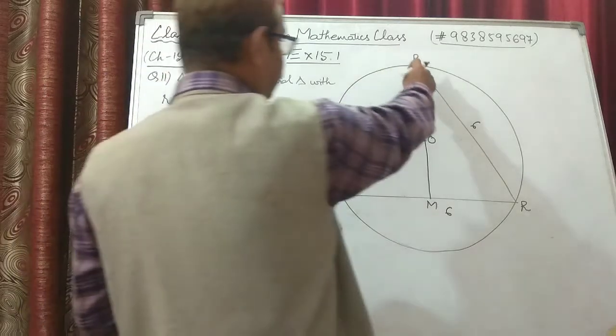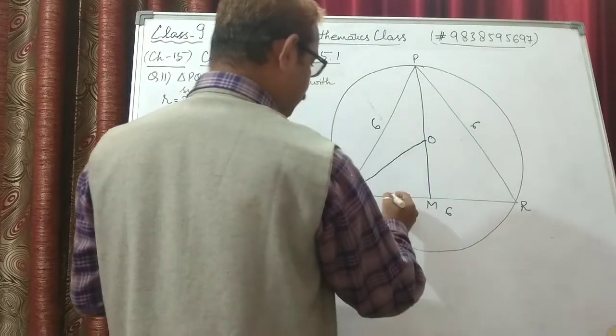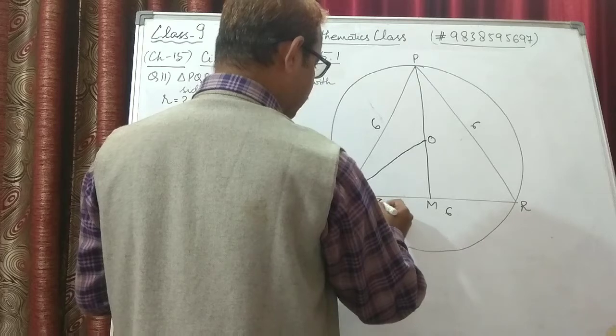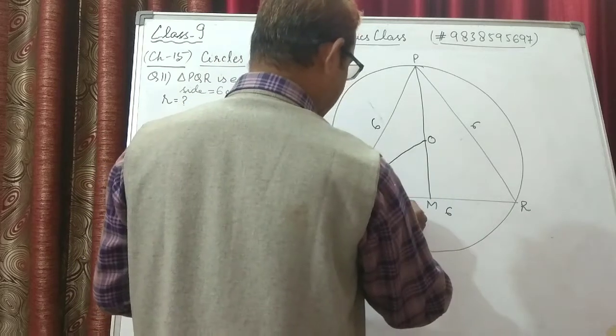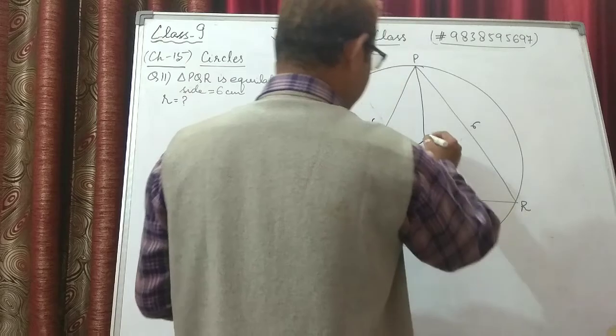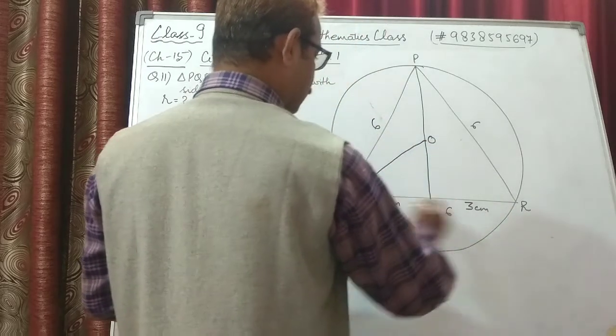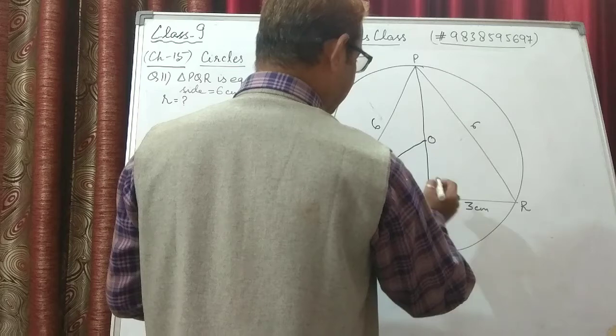First we'll find the length of PM. Since QM and MR will be equal, QM will be 3 centimeters. At the same time MR will also be 3 centimeters, because the line from the center is joining QR, so it will be perpendicular.